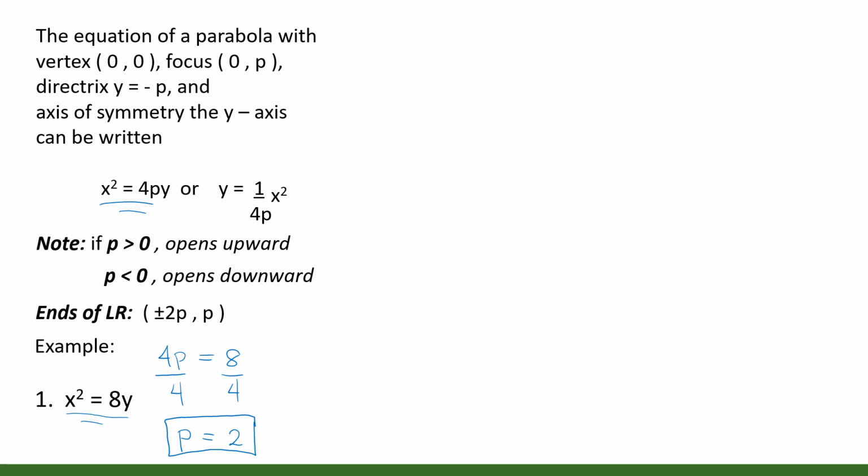And using the characteristics given, the vertex of this parabola is of course (0, 0), meaning to say, we are in standard position. Then the focus is (0, p), so that is (0, 2), because our p earlier was 2. And for the directrix, y equals negative p, meaning y equals negative 2.